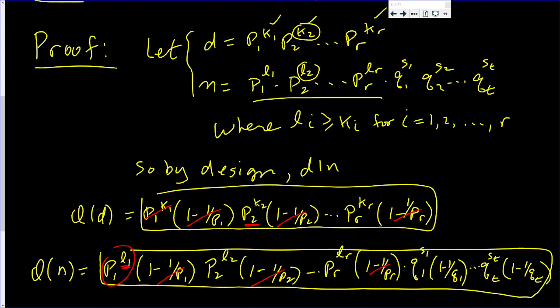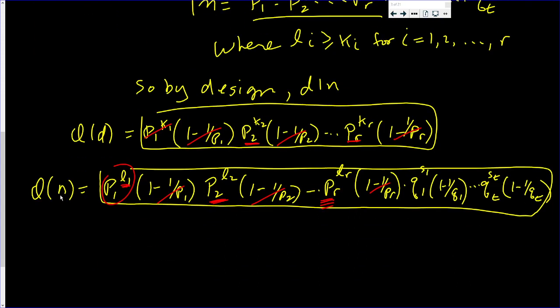P sub 2 to the K sub 2 will divide this. P sub R to the K sub R will divide this. Clearly, phi of D divides phi of N. And that completes this proof.